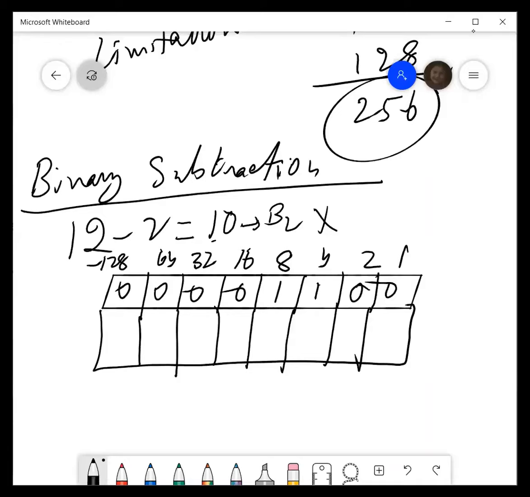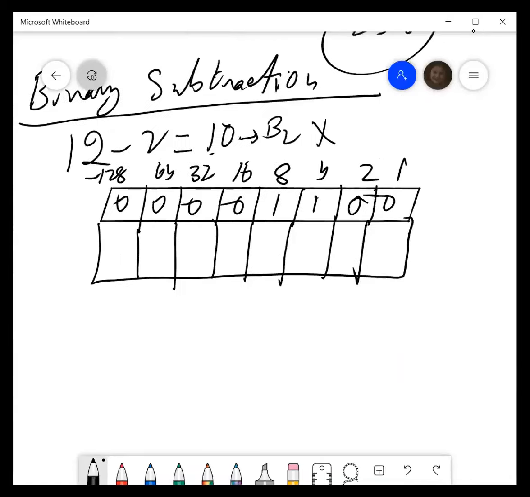Whichever method you know, you have to work with that. One way is that you subtract 2 from 128, you are left with 126. So you switch on minus 128 and then you switch on 64 and 32 and 16.